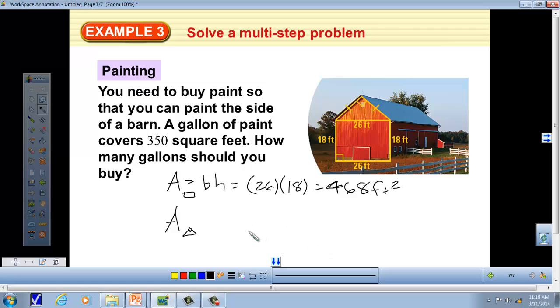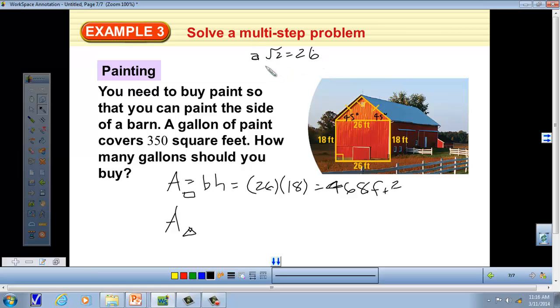For the triangle, we need to do a little bit of work. Hopefully you can recognize that this is a 45-45-90 triangle. If that's a 45-45-90 triangle, this side is the A rad 2 side. So we know that A rad 2 is equal to 26.